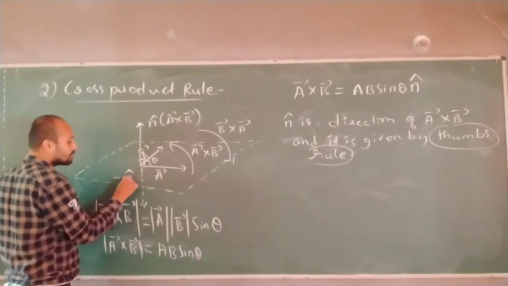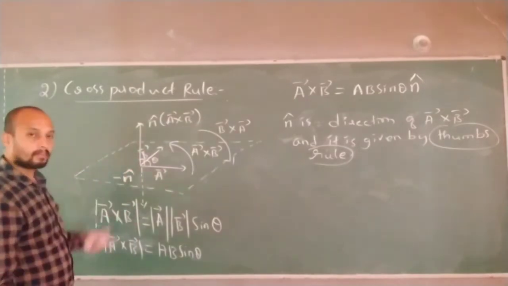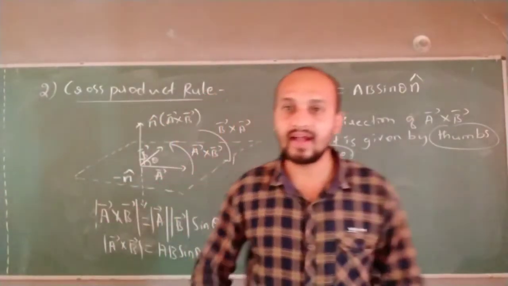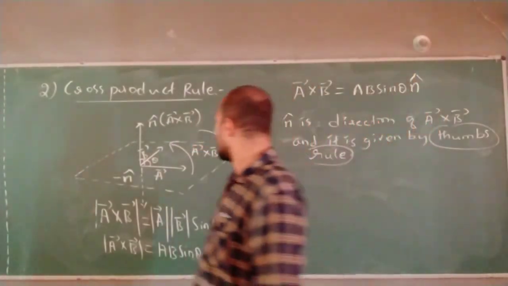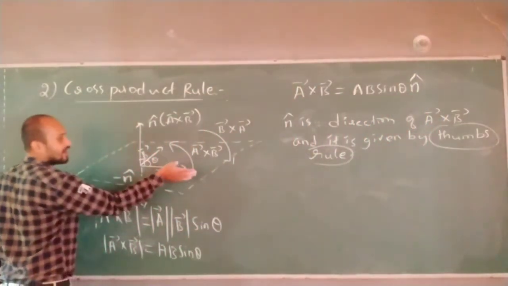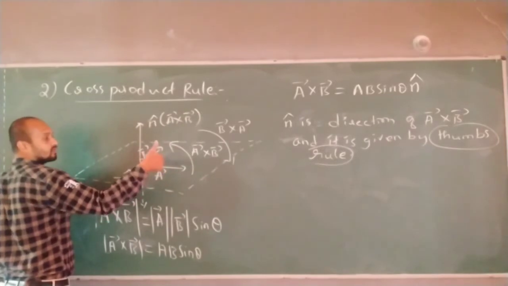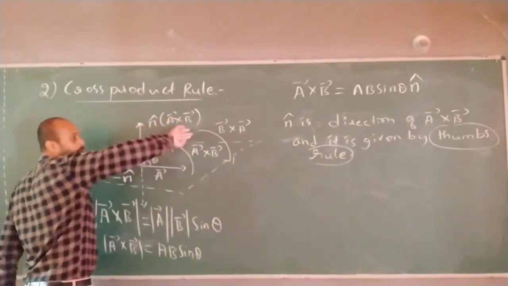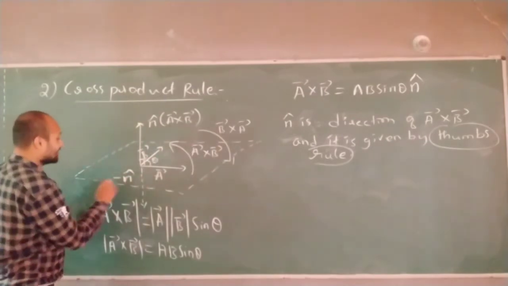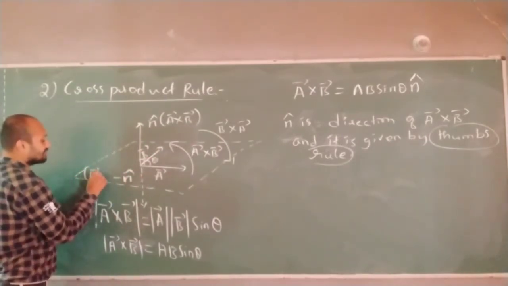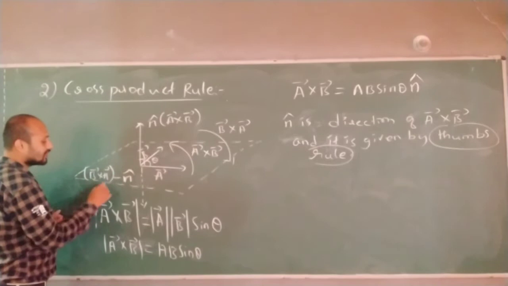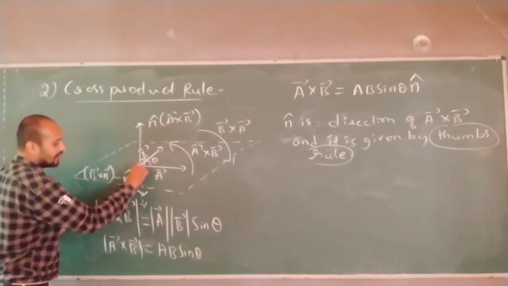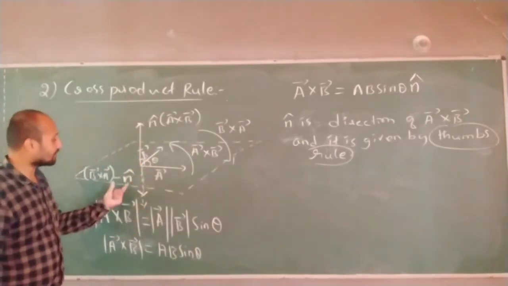Minus n cap. Are you able to see? If I do A cross B, the direction is upward. If I do B cross A, it is minus n cap. The direction of B cross A will be downward. Are you understanding? Minus n cap.